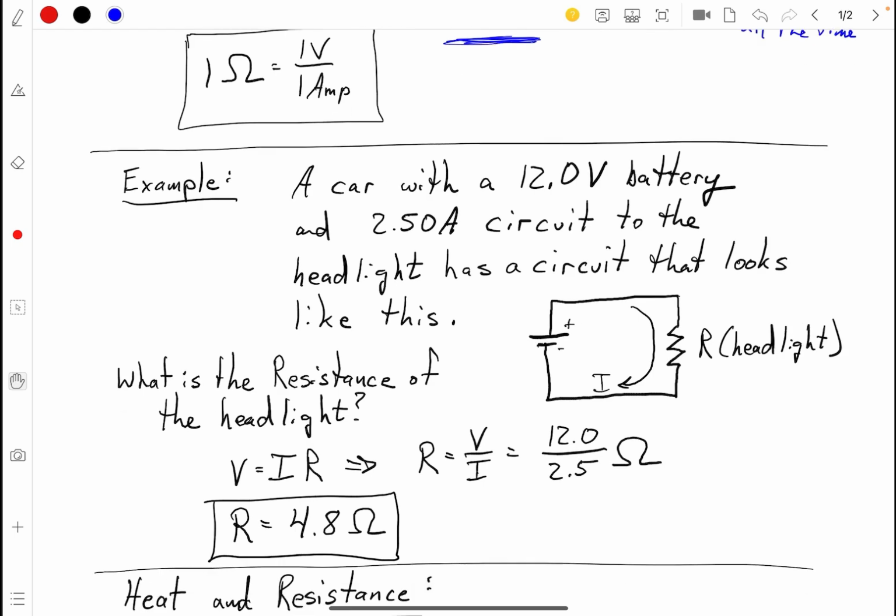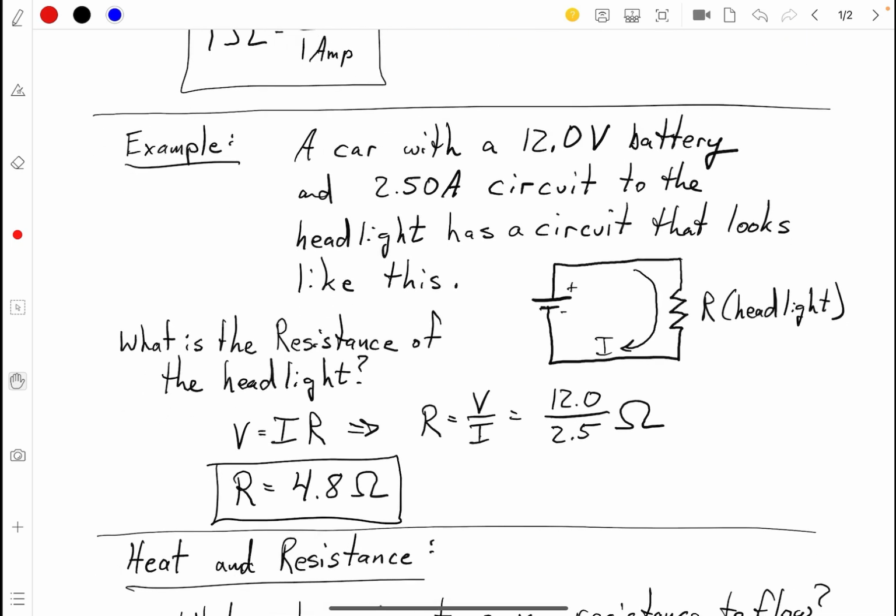All right, let's do an example of this. So we've got a car with a 12-volt battery, like most cars do, and we've got a 2.5 amp circuit to a headlight, and the circuit kind of looks like this. So we've got our headlight here as a resistance.